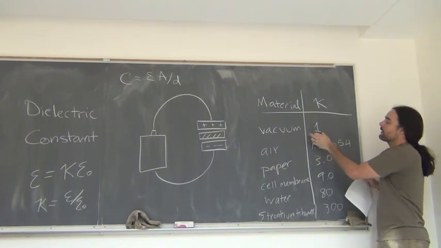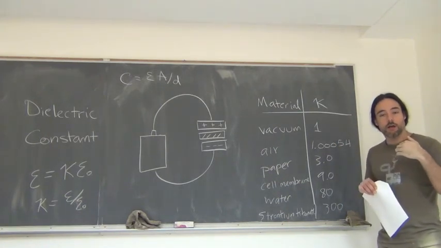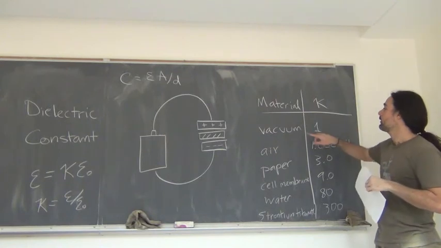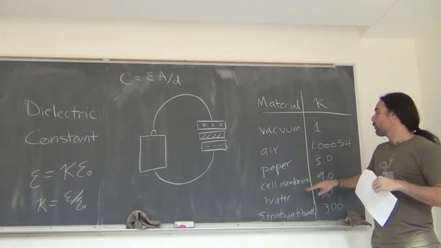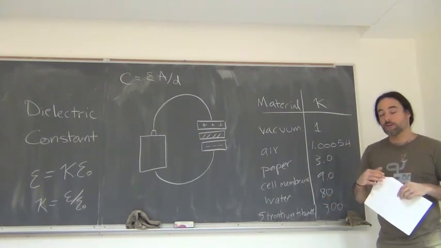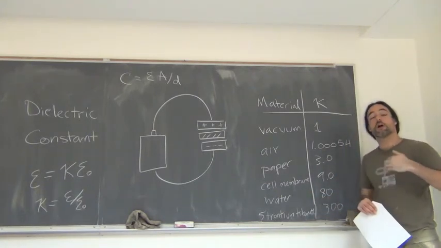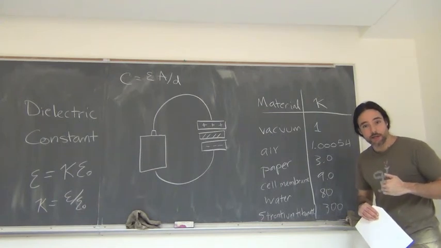But what we'll find is that vacuum's always going to have the smallest dielectric constant, and as we go to more and more conductive material, it's going to approach larger and larger values of the dielectric constant.